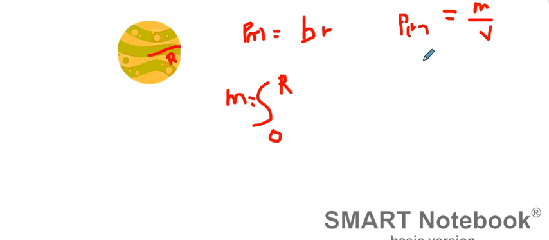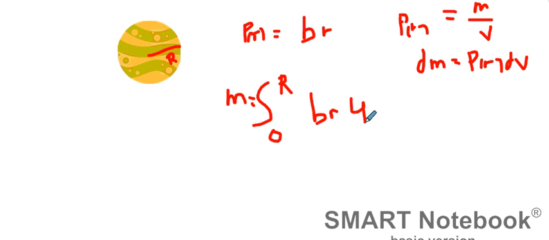So then dm is going to equal rho sub r times dv. Then rho sub r, I have to actually put in br because my rho is a function of r. So then I'll have br, and dv is 4 pi r squared, little r.